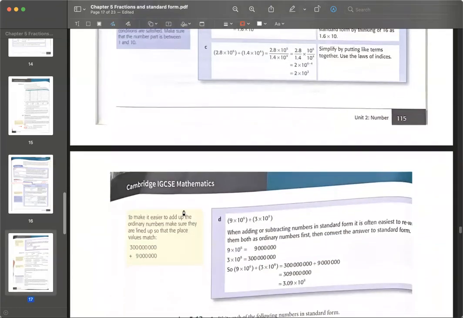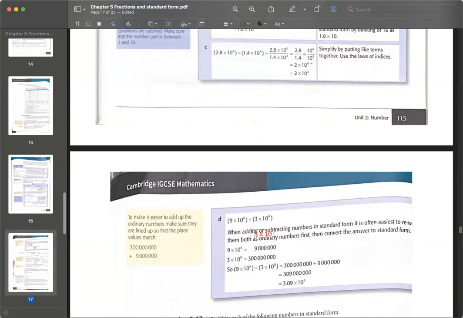So the addition one, you have to make sure that they are both of the same power because we cannot just add them. We cannot just take this 10 and add this 10 because there's a multiplication and then there's an addition. So what we need to do is make sure that they are matching. It means that we need to make sure it is 10 to the power of 6. It is easier to make it 10 to the power of 6 because we just have to extract 2 tens out of this one here.